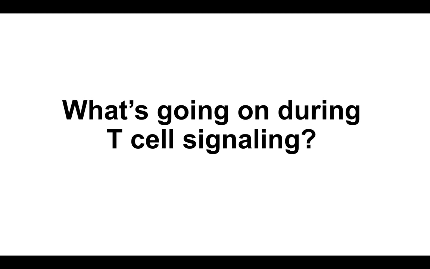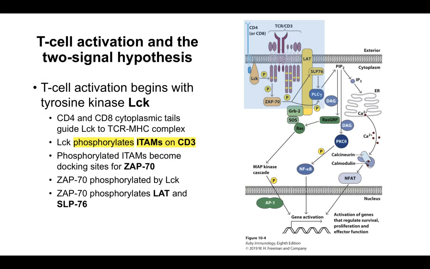What's going on during T cell signaling? It starts with the T cell receptor, and CD3 is important for it to occur. Because CD3 has ITAMs on it that can get phosphorylated, one important step is the phosphorylation of these ITAMs.